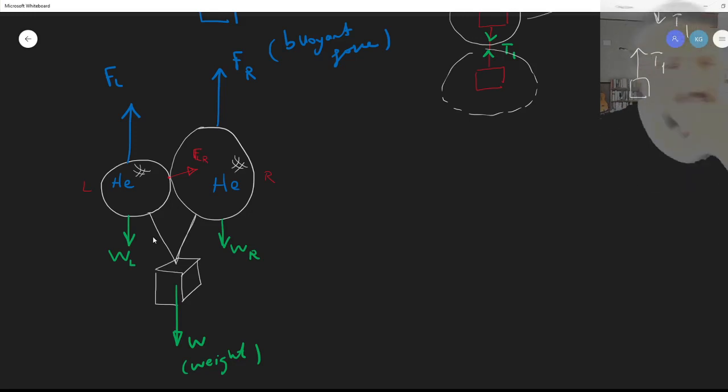There's two indices. FLR. FLR means the force the left balloon exerts on the one on the right.